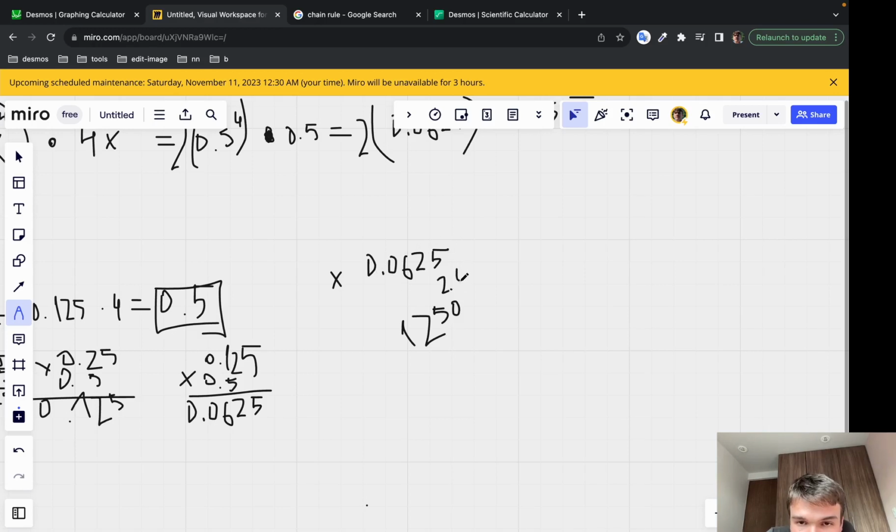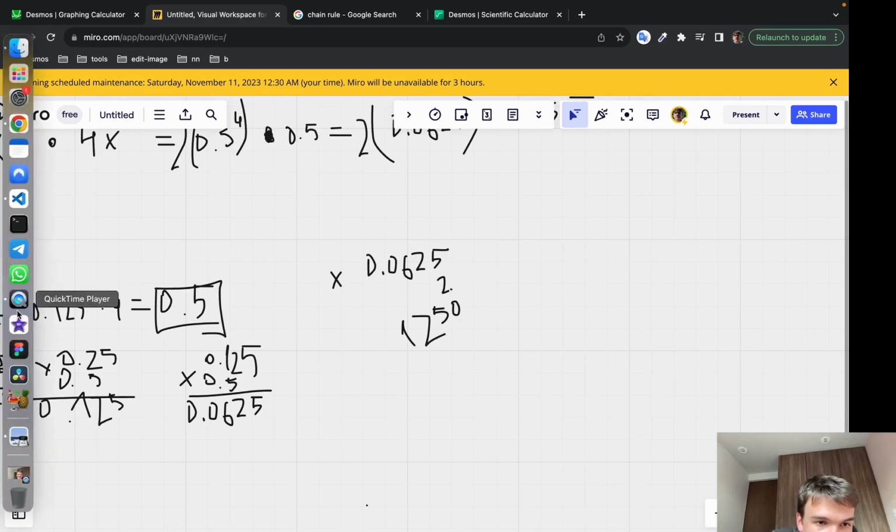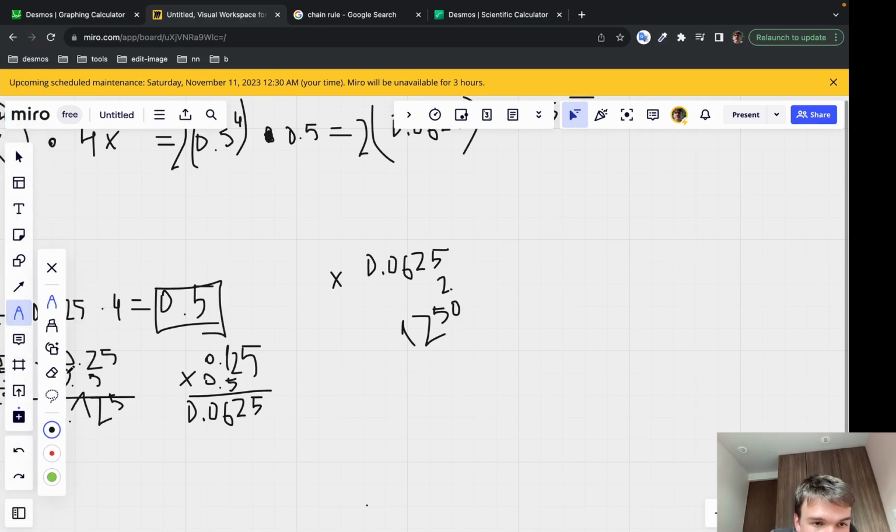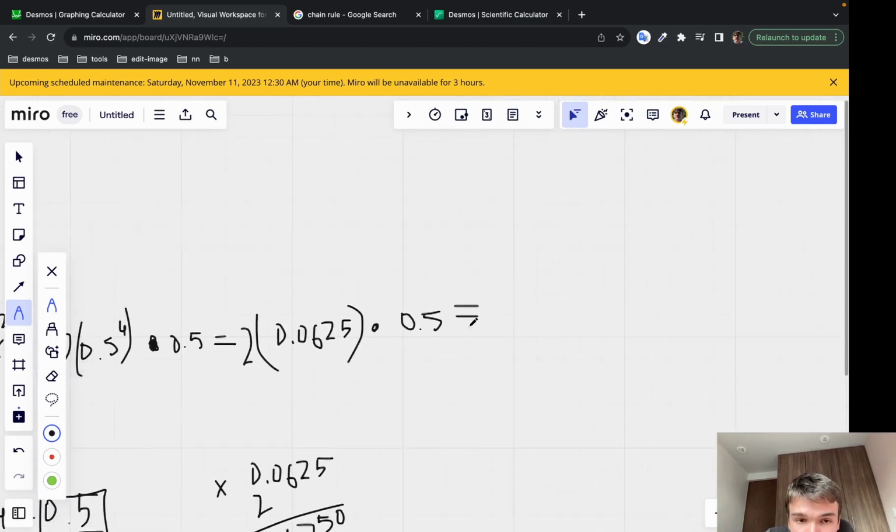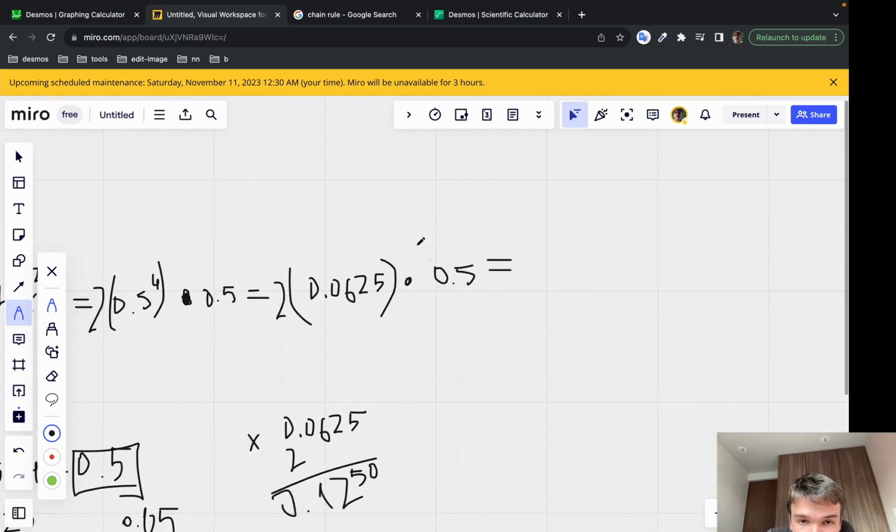Oh yeah, of course, 2, so many mistakes, sorry for that. So 2 shall be here, because it's not the decimal part. So now 1, 2, 3, 4, and then 1, 2, 3, 4, and then 0 gonna be here, so we got 0.125. So we've basically made this part.